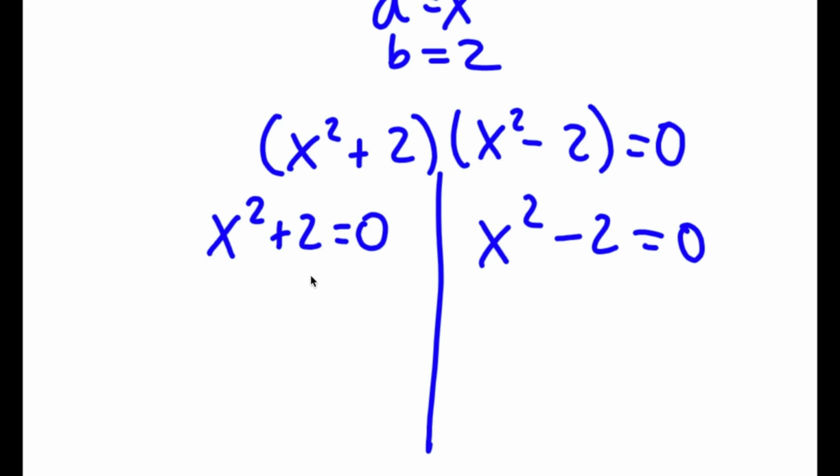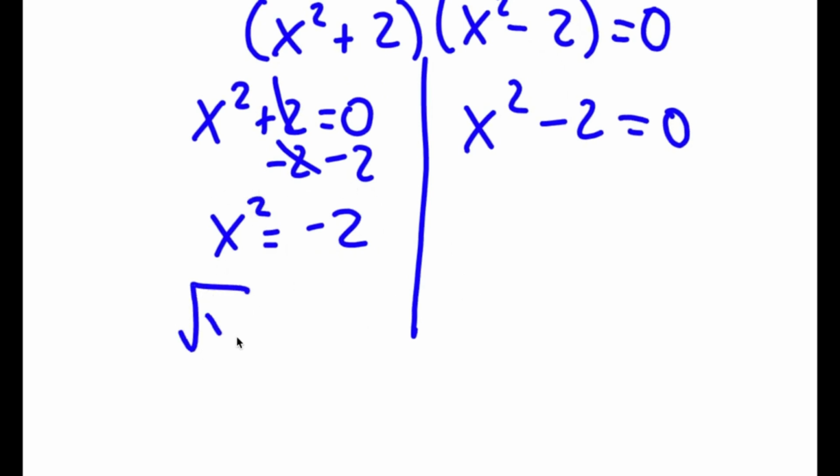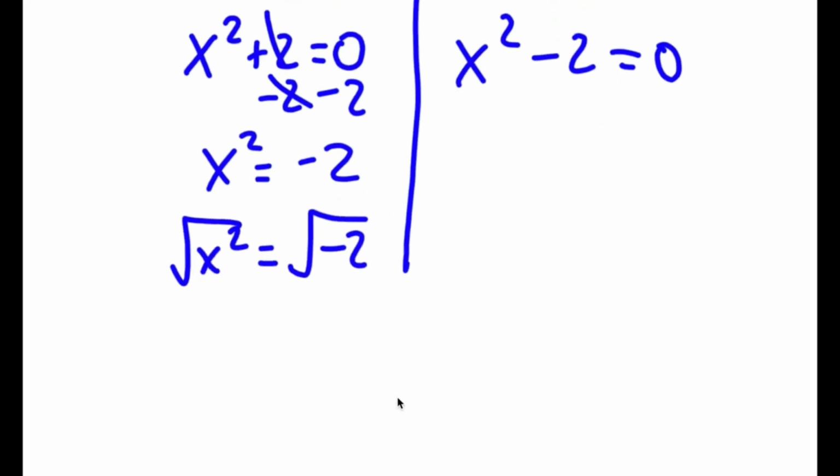So for x squared plus 2 equals 0, I can subtract 2 on both sides, so I get x squared is equal to negative 2. And then I can take the square root on both sides because I want to cancel out this power. So if I take the square root on both sides, the square root of x squared is simply x, so I get x is equal to positive or negative square root of negative 2.